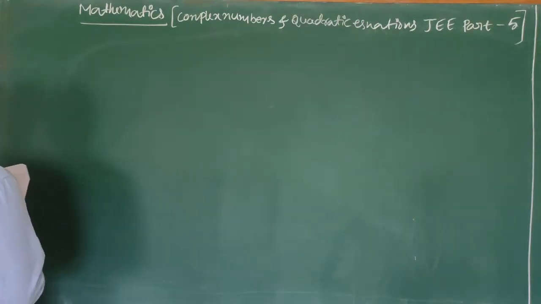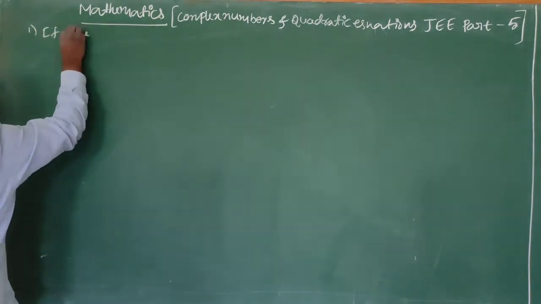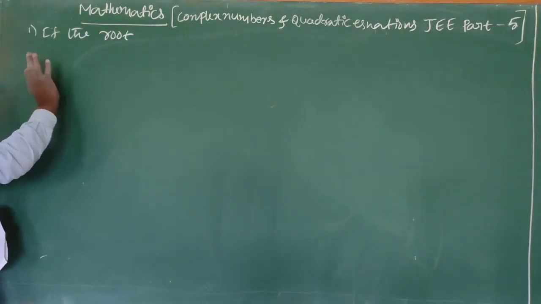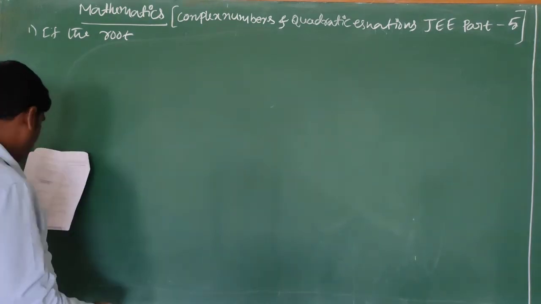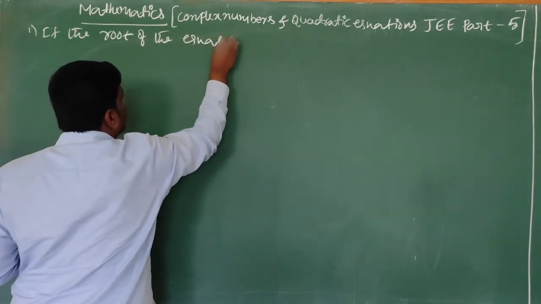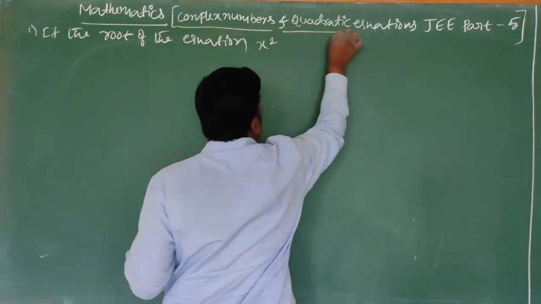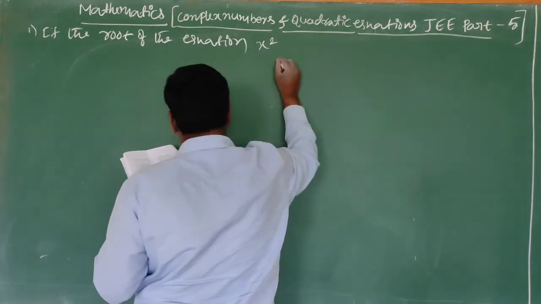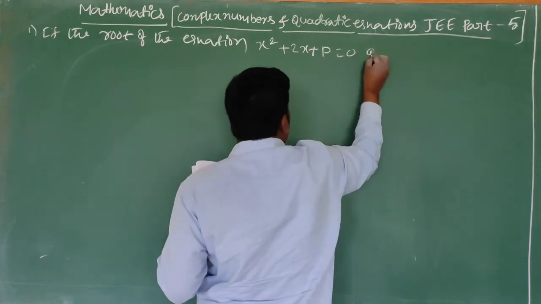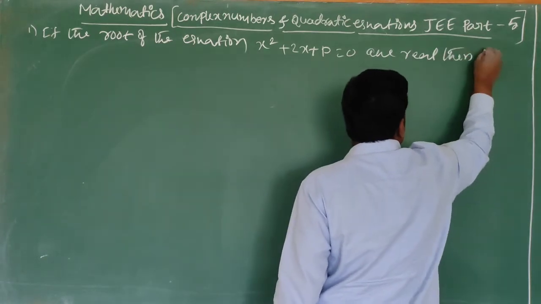So now the first question is: if the roots of the equation x square plus 2x plus p is equal to 0 are real, then the value of p.